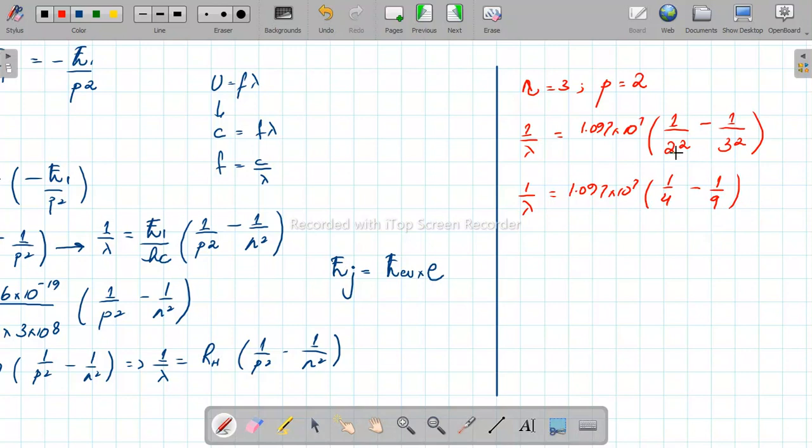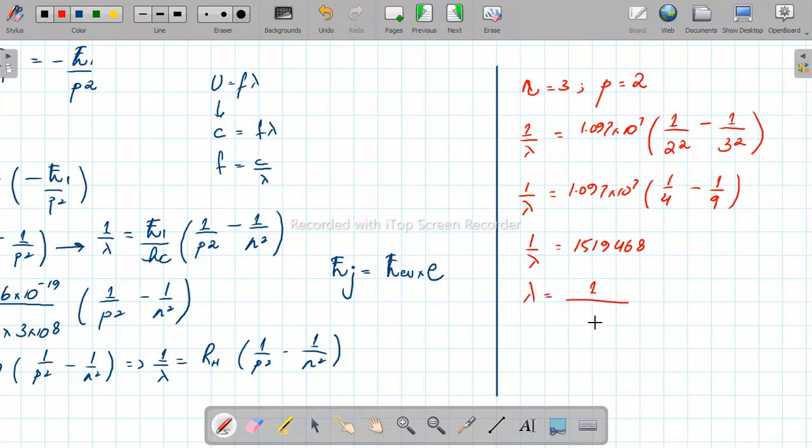Put this value in the calculator and you'll get 1519468, right? And since we are to calculate the wavelength, this is the inverse of wavelength, so we'll just reciprocate this equation.